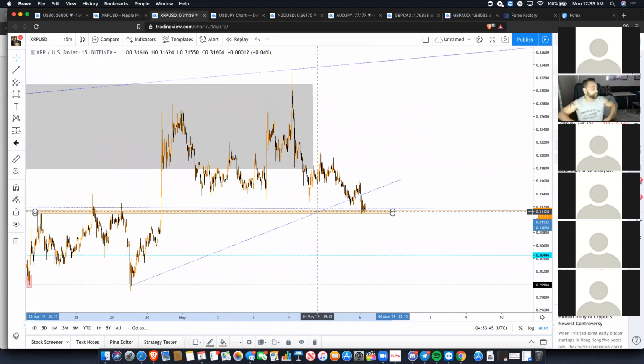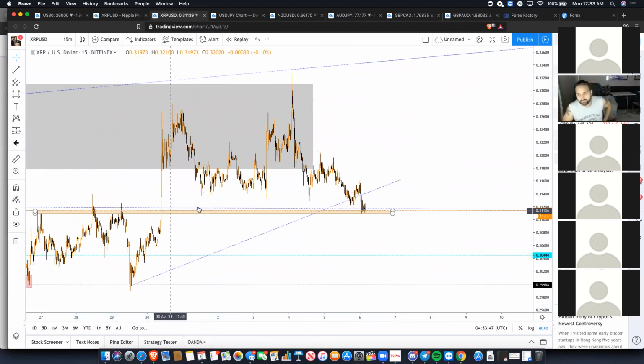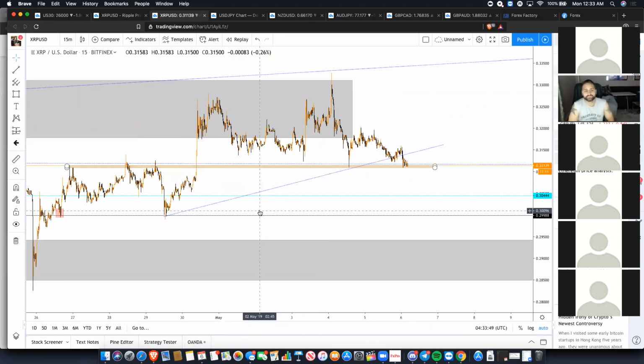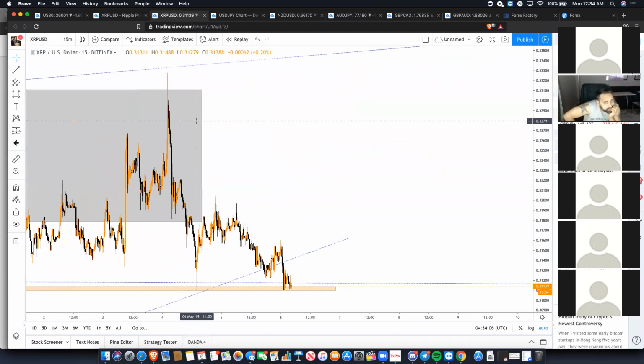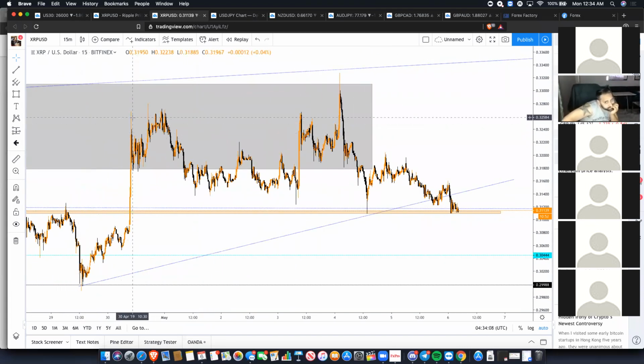For those of you that are wondering why I highlight these small little zones, I'm just paying attention to the wicks of these candles. In crypto, if you notice, before she makes her move with cryptocurrency, it seems like they really try to stop you out of your trades. Like this trade was going towards the upside, and before she tried to make a higher high, she came back down and retested the zone and broke out.